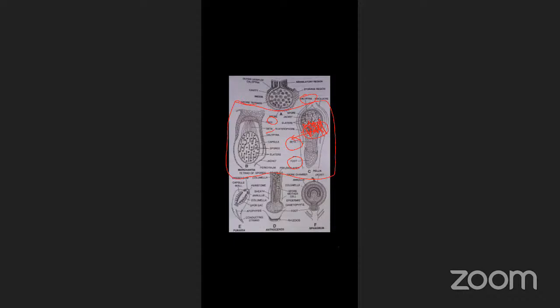You have written it here: androgonial cell, first androgonial mother cell, after that androcytes, next antherozoids. Okay, I will write.